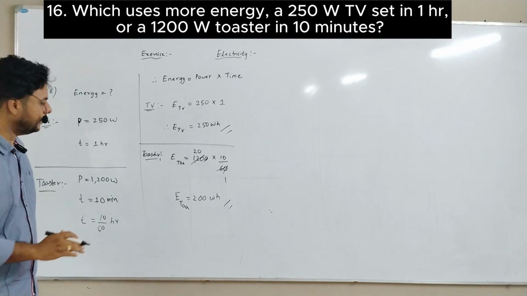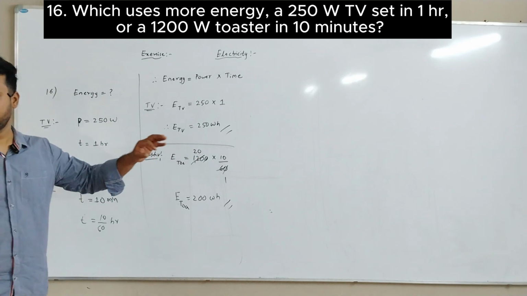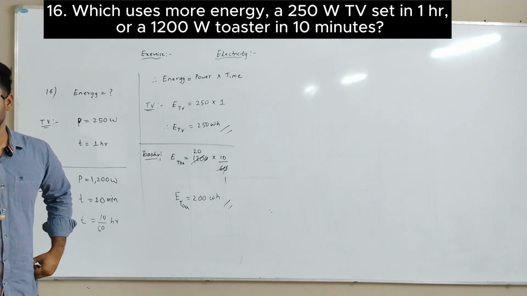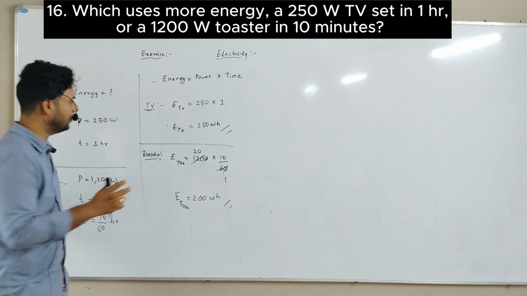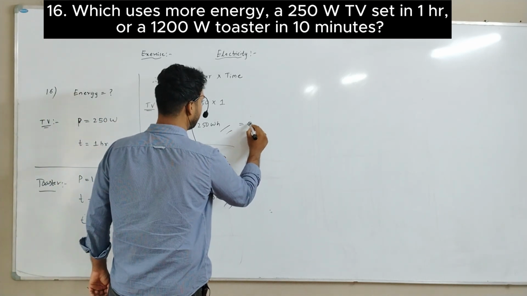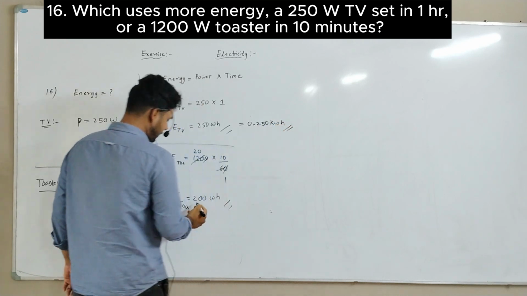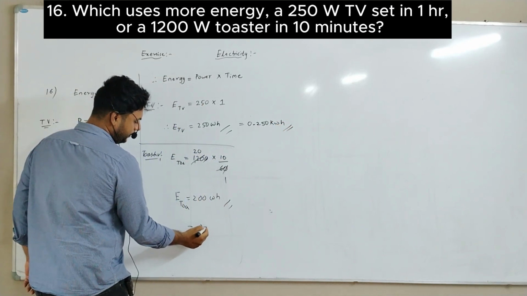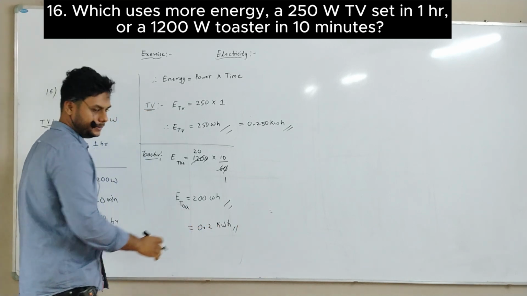Okay. After that, we can write the answer as 250 watt hour, or we can convert it to kilowatt hours. 1 kilowatt hour is equal to 1000 watt hour. So 250 can be written as 0.250 kilowatt hour, and 200 can be written as 0.2 kilowatt hour, or 0.200 kilowatt hour.